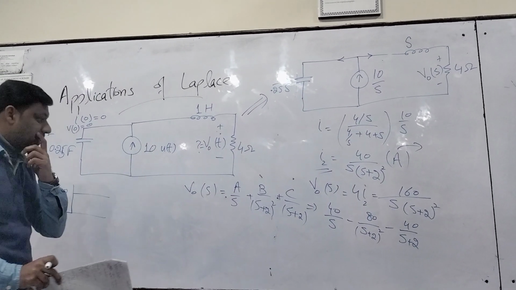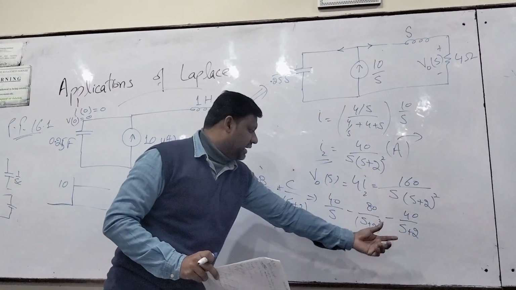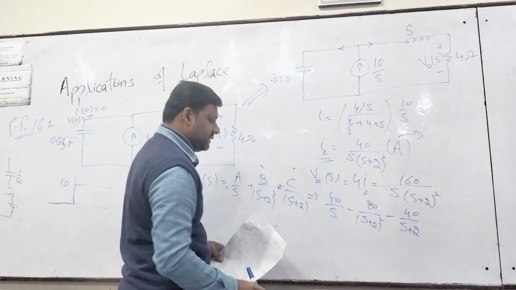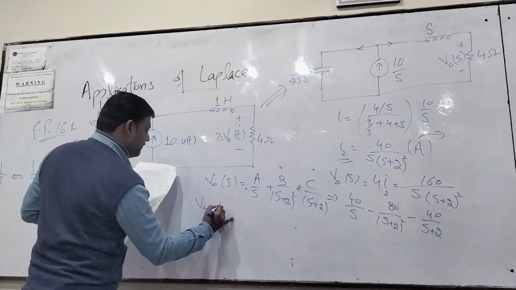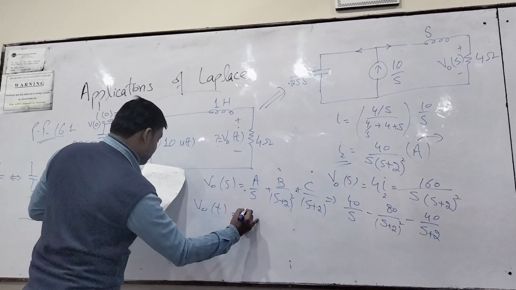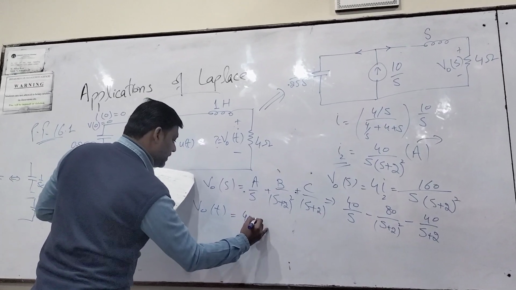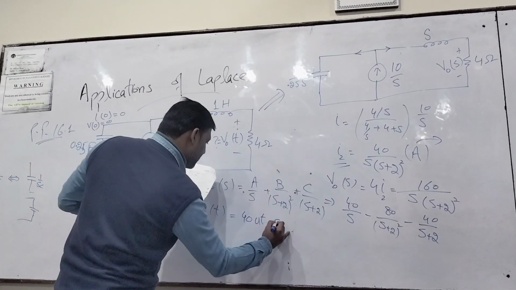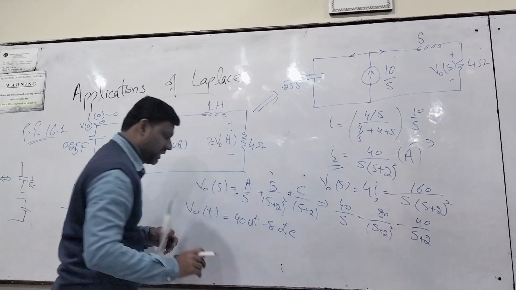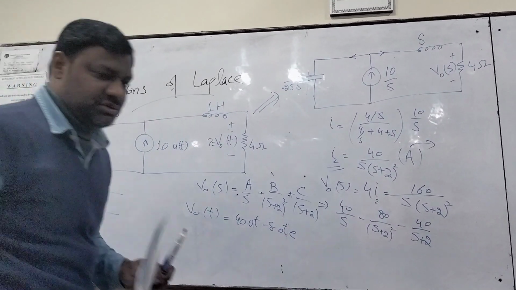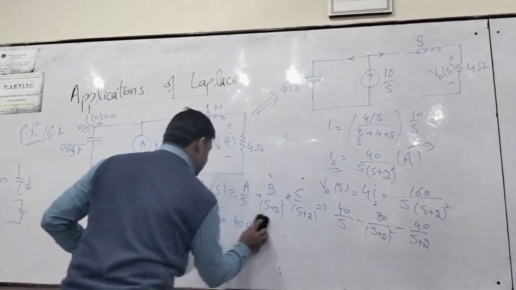So these are relatively familiar terms. We know v(t) is equal to 40 u(t) minus 80 t exponential. Ibrahim, solve it for us.